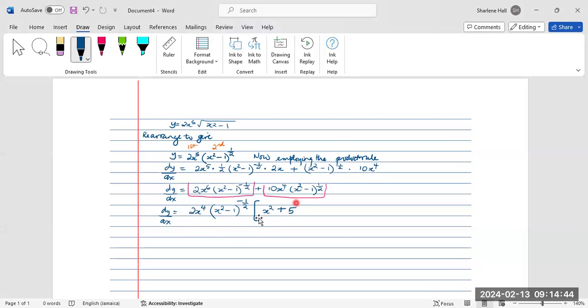My question is, what do I multiply by x squared minus 1 to the negative a half to give me x squared minus 1 to the positive a half? Answer me now.